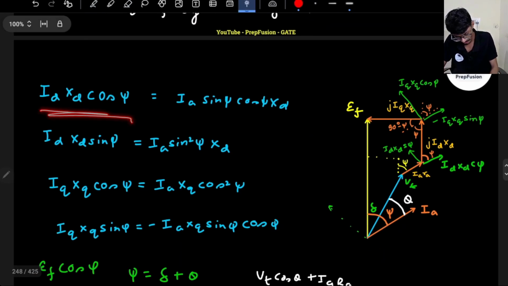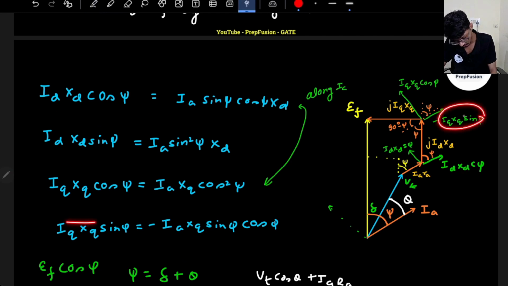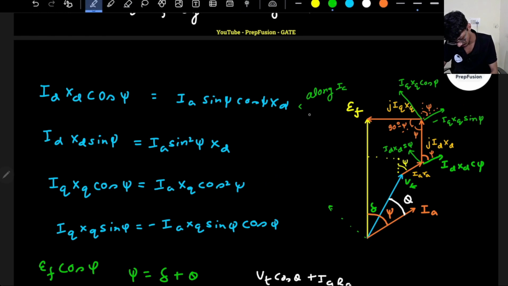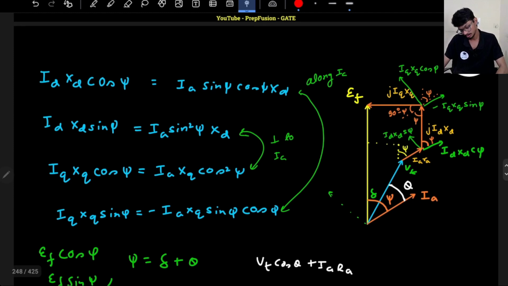So Id Xd cos xi is along IA, so these components are along IA. And these components are perpendicular to IA. That is Id Xd sin xi is perpendicular to IA, and Iq Xq cos xi is again perpendicular to IA.